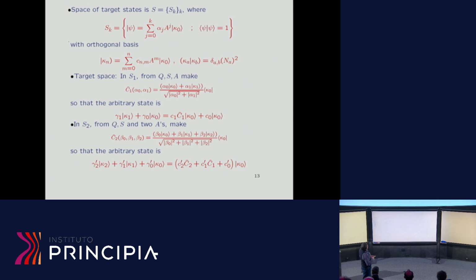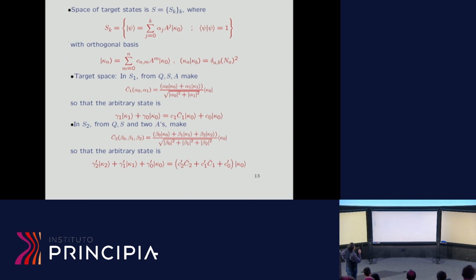I'll show you a way to construct the target space. The target space is defined by an action of unitaries on a specific vacuum state or reference state.